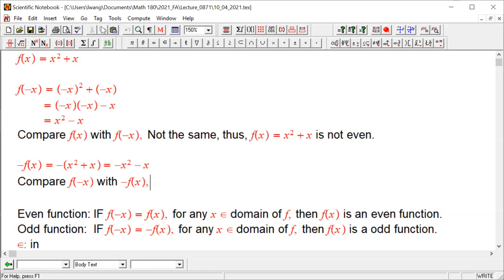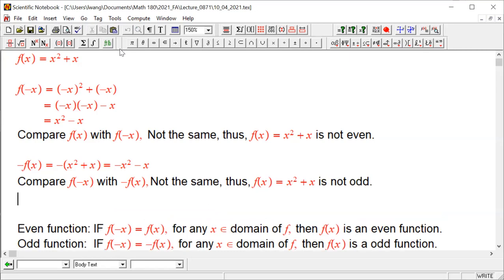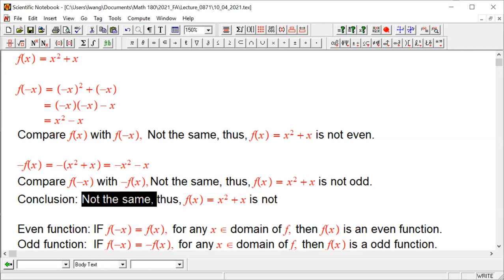Therefore, this function is not odd. So we have a function that's neither even nor odd. Conclusion: this function is neither even nor odd. So look at all the functions we have. Some may be even, some may be odd, some might be neither.